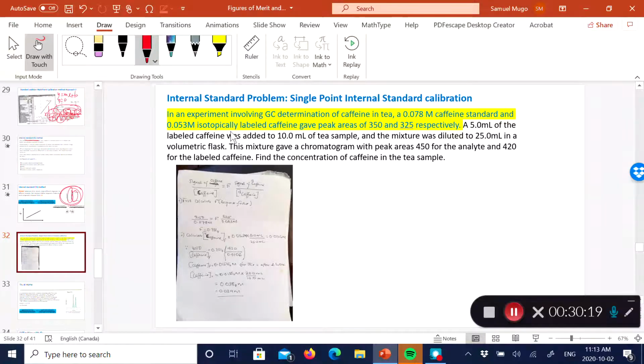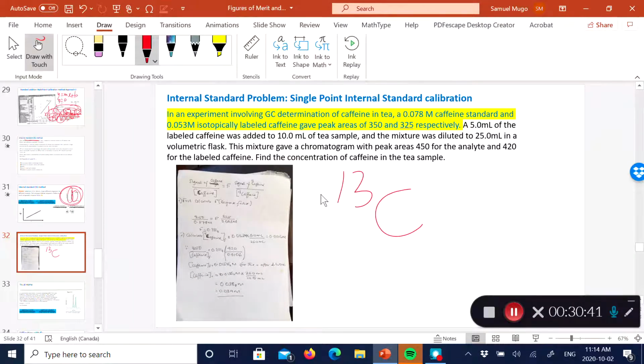So this is the most ideal internal standard, an isotopic label of the analyte. Okay, so in this case you took the caffeine and spiked it with the isotopic label of caffeine. In this case it will be, say, caffeine carbon 13.